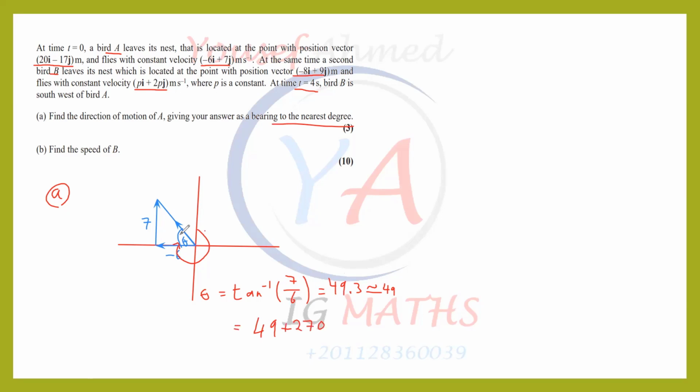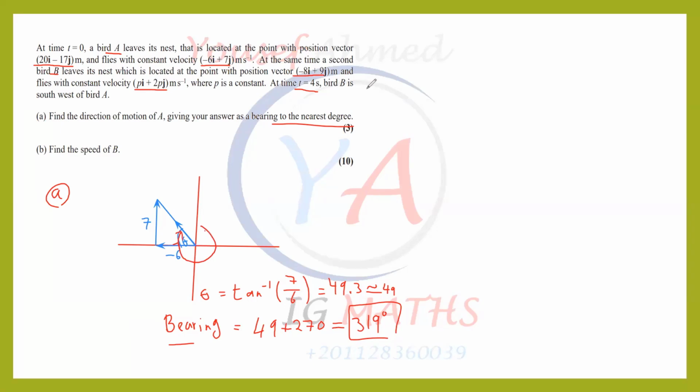It gives me the bearing for the direction of motion for bird A. So 49 added to 270 degrees gives the final answer, 319 degrees. This is the bearing for bird A, because we took the first three quadrants and added theta, so it gives the whole bearing for the direction of motion. It will be this whole angle.